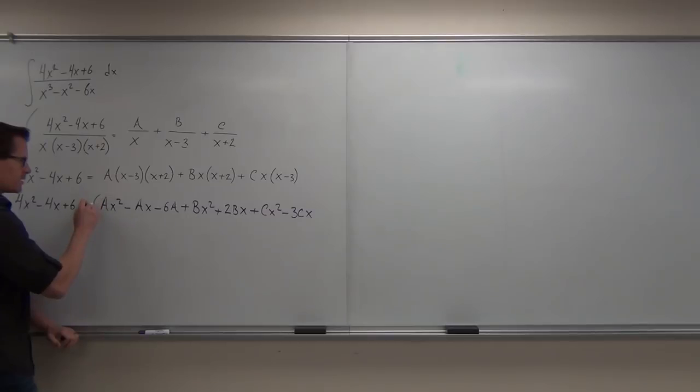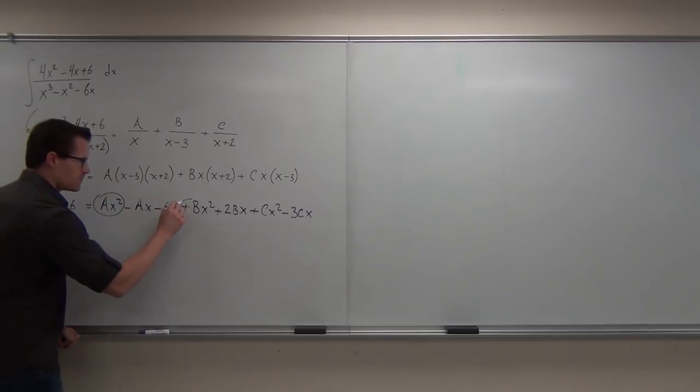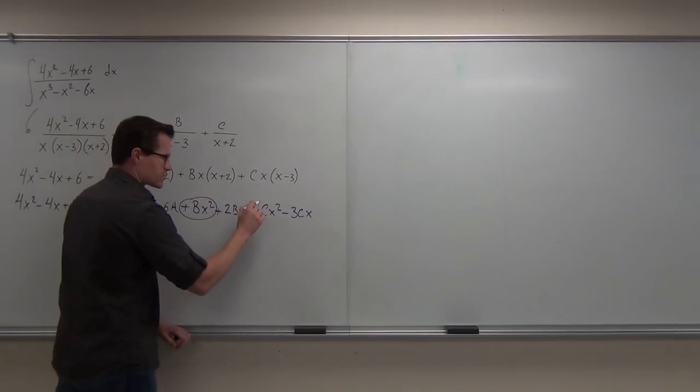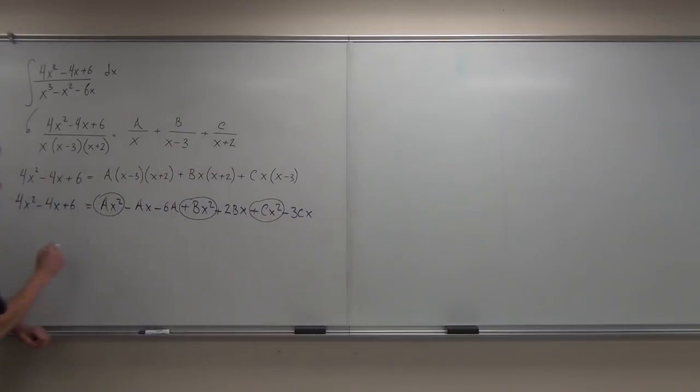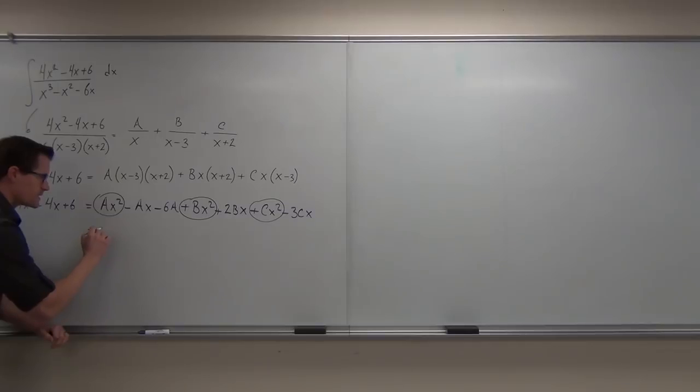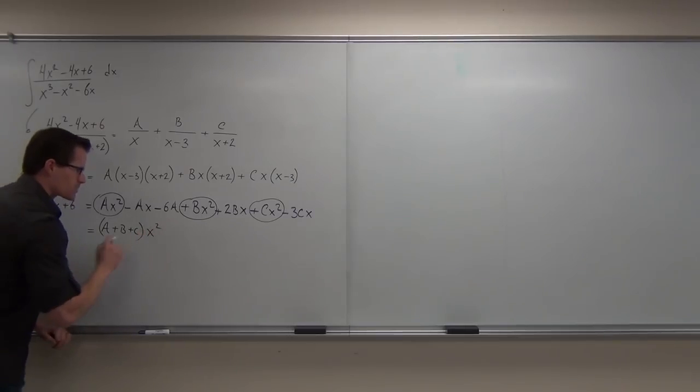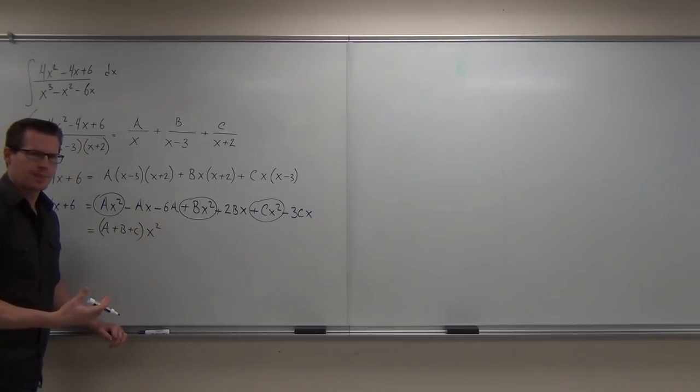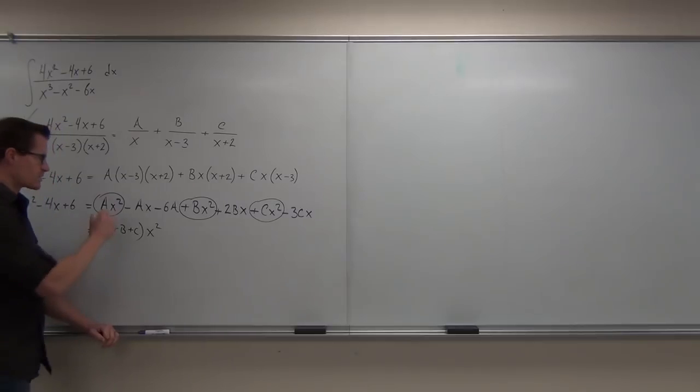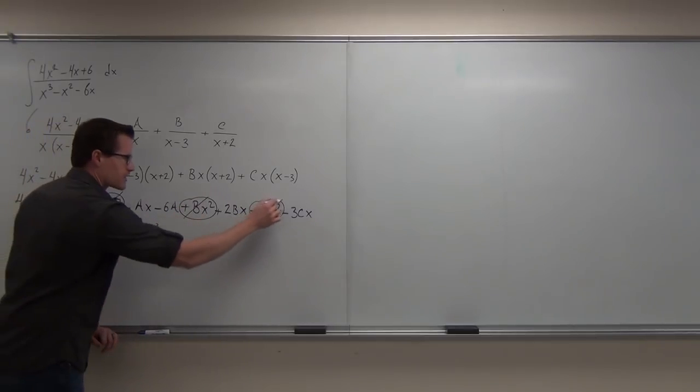We have ax squared, bx squared, cx squared. If we factor out the x squared, then what this gives us is a plus b plus c, x squared. Do you understand the idea? Hello, yes, no? Yes. Okay, so these we've taken care of, our x squareds are gone.